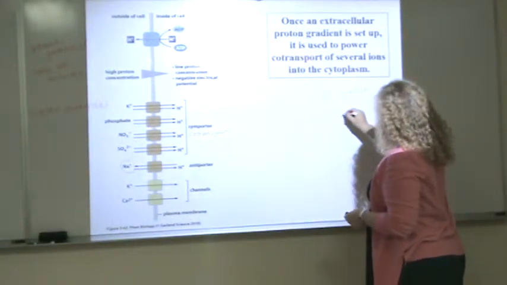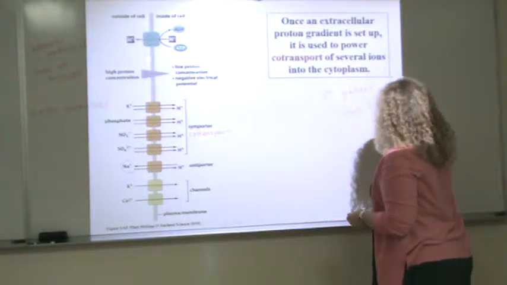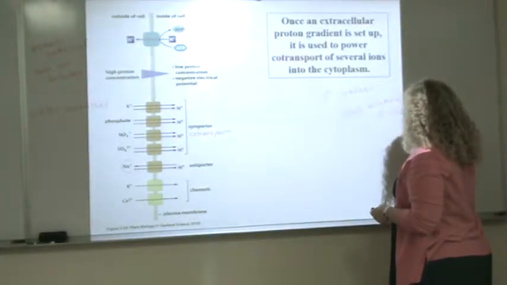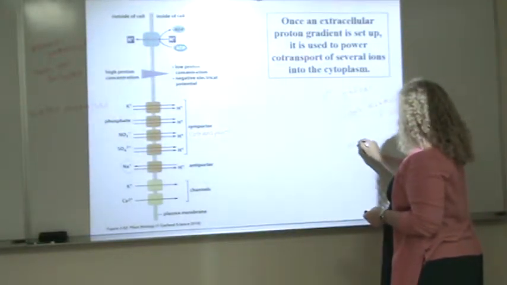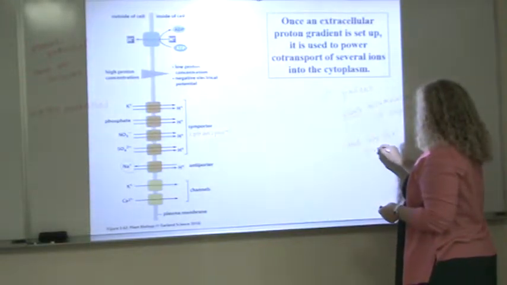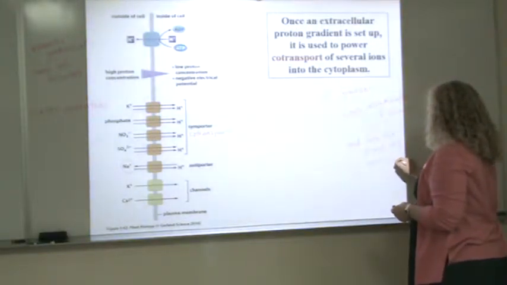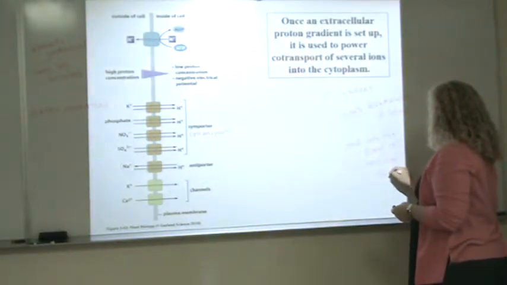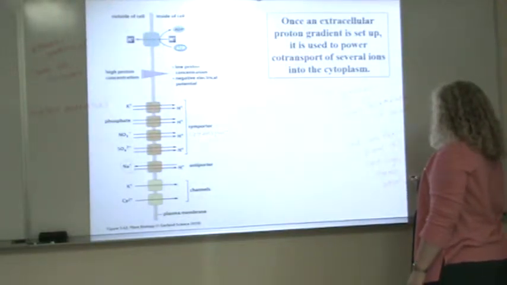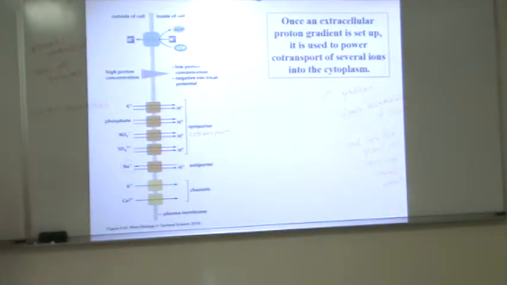Having that proton gradient allows the accumulation of solutes, and lets the plant cell have high osmotic potential and lets the plant cell pull in water.